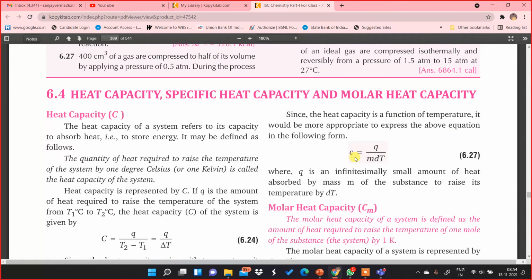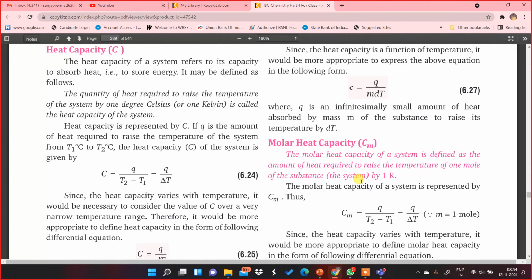So remember, small c is equal to dq by m into dT, because it is a function of temperature. Where dq means an infinitesimally small amount of heat absorbed by m mass of the substance to raise its temperature by dT.